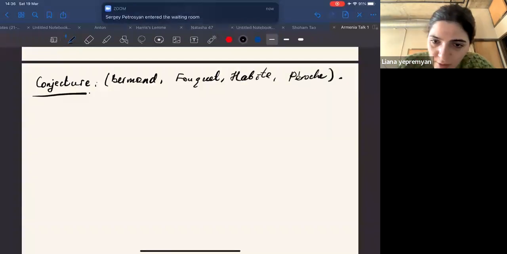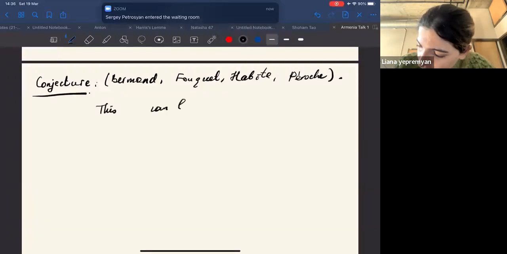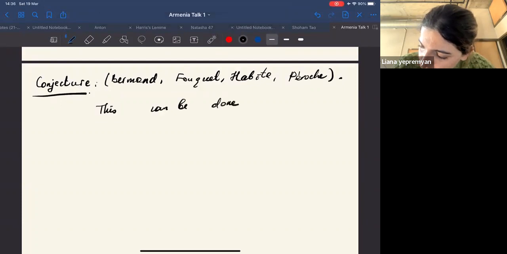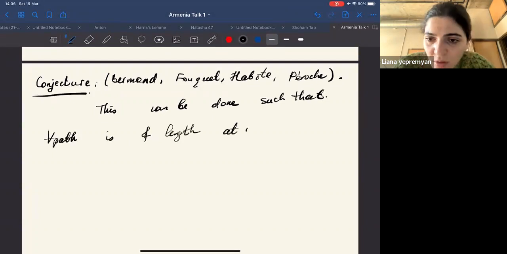It says the following, that this can be done such that every path is of length at most 5.